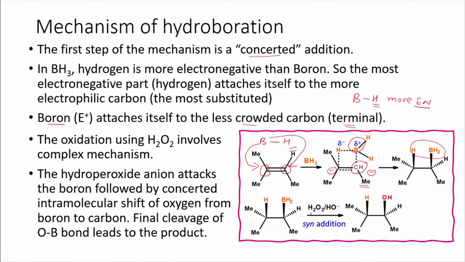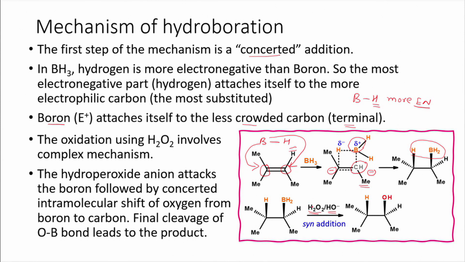And finally, the boron is cleaved to get the hydroxyl derivative. The removal of boron is a little bit complicated, a complex mechanism. The reaction happens in the presence of hydrogen peroxide, so we have the hydroperoxide anion, and also a hydroxide anion which is used as a base. The hydroxide base produces the hydroperoxide anion in the first step.